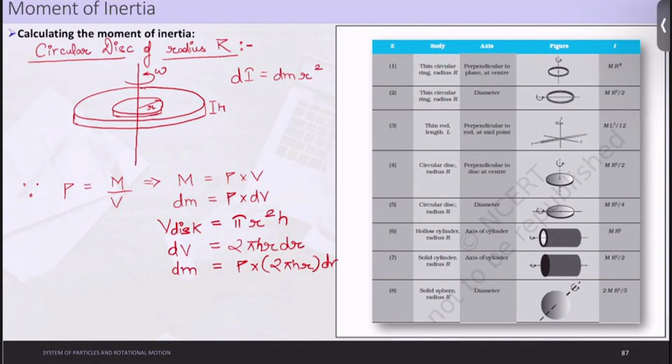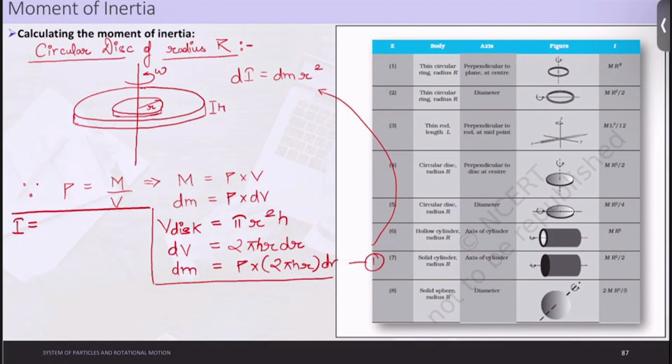Now let us put this equation number 1 into this equation here. I hope this is clear till now. I will again revise so that the concept is clear. Let me first derive it and then we can move forward. So the integration of this dI is basically I. Let me write it like this: dI is nothing but integration of rho into 2 pi hr dr into r square.